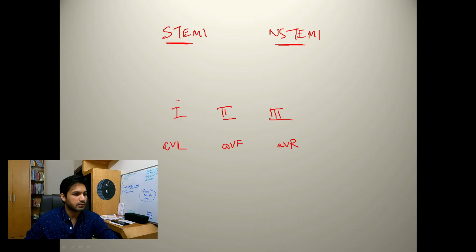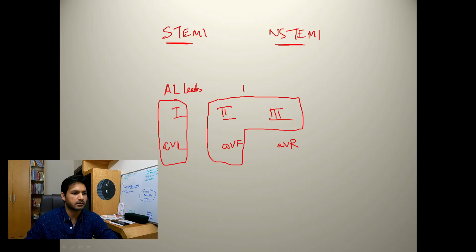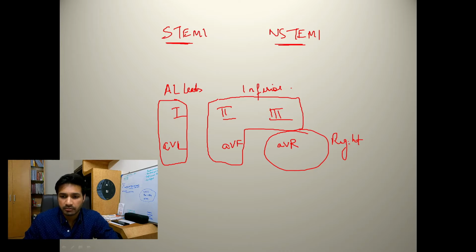Okay, so these are the anterolateral leads. 2, 3, AVF is for the inferior wall, and this is for the right side of the heart. Okay, so the limb leads tell you the vertical movement of the current, and the chest leads tell you about the horizontal movement of the current.